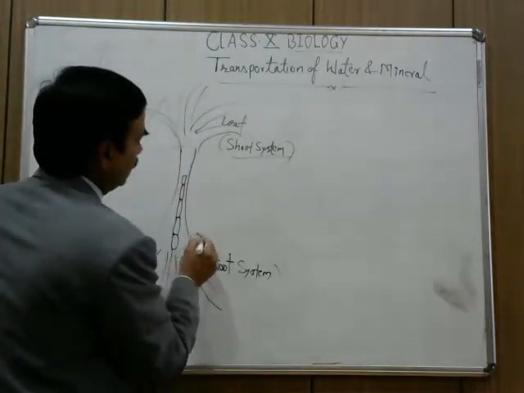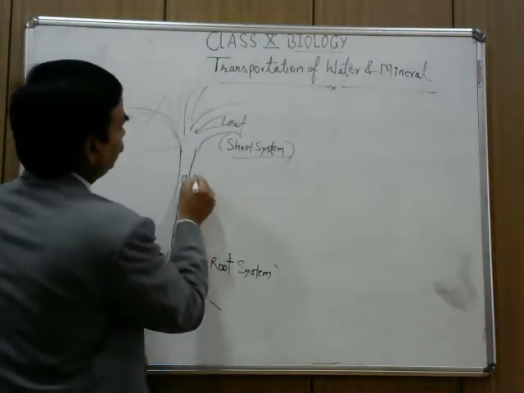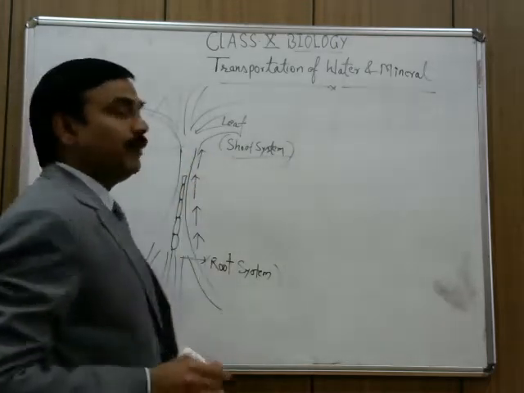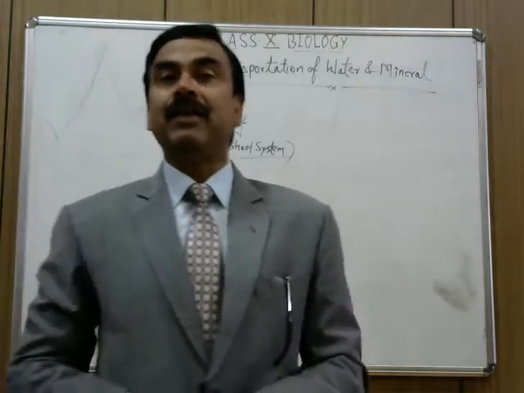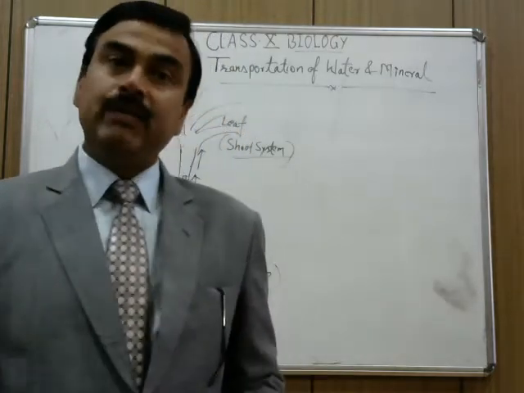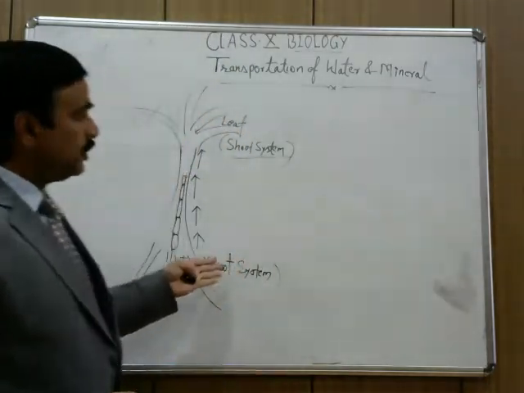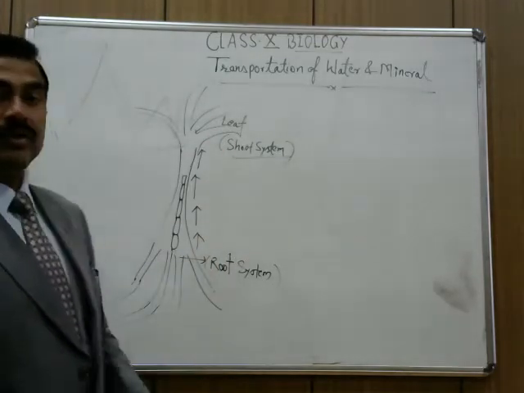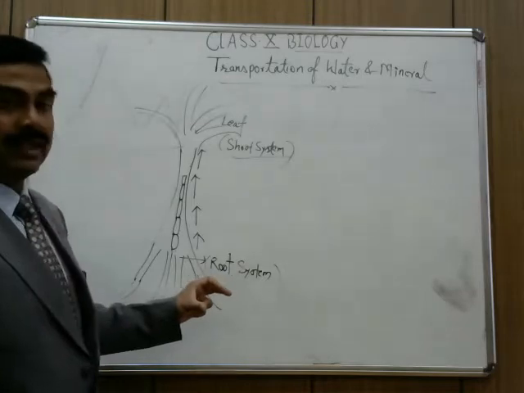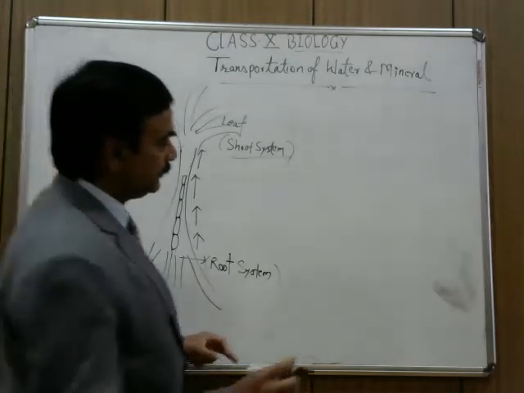You can see here, the movement of water and mineral is unidirectional, upward, from the lower side to the upper side. Clear? Now, when we start this, you have to understand how it takes place.